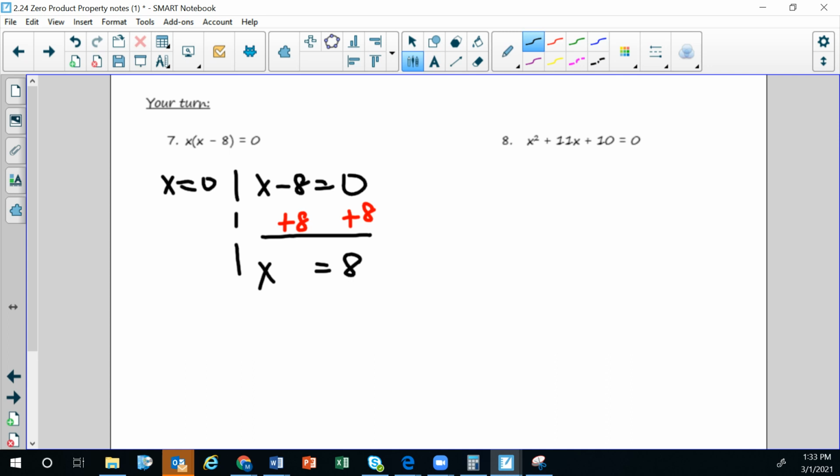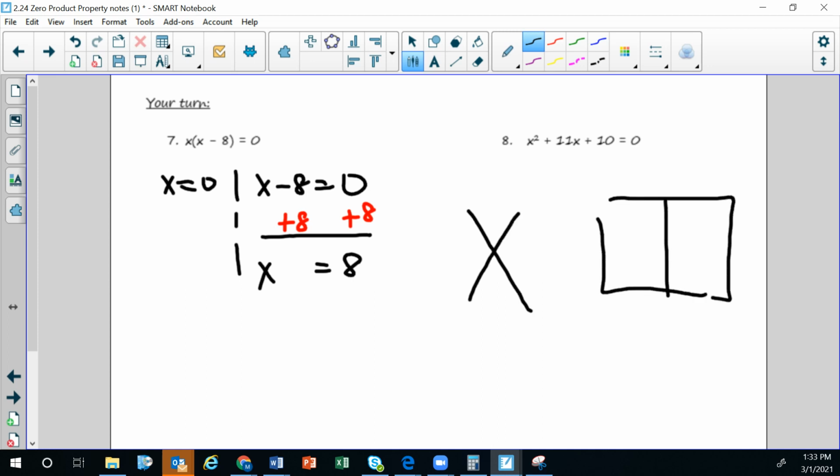And number 8, let's factor this. Let's see if I use my x box method. Again, the first box gets x squared. The last box gets 10. And I need to find these 2 corner boxes.